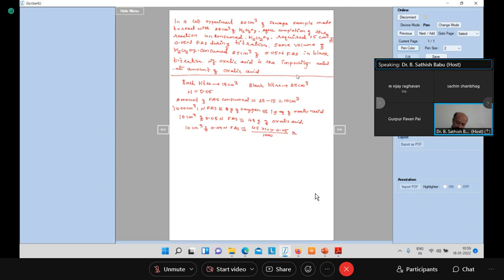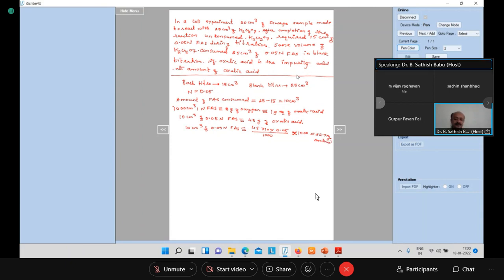I'll convert directly into milligrams, that's why I multiply by 1000. So this comes out to be 22.5 mg of oxalic acid.